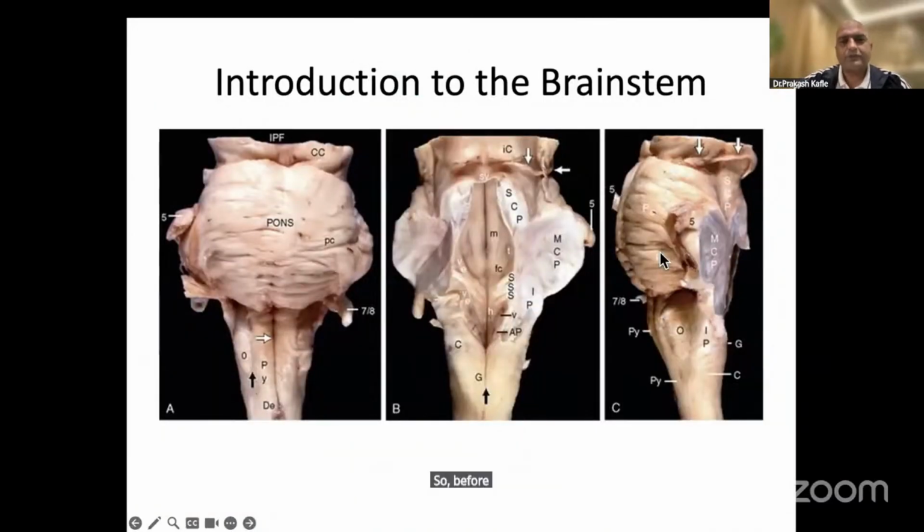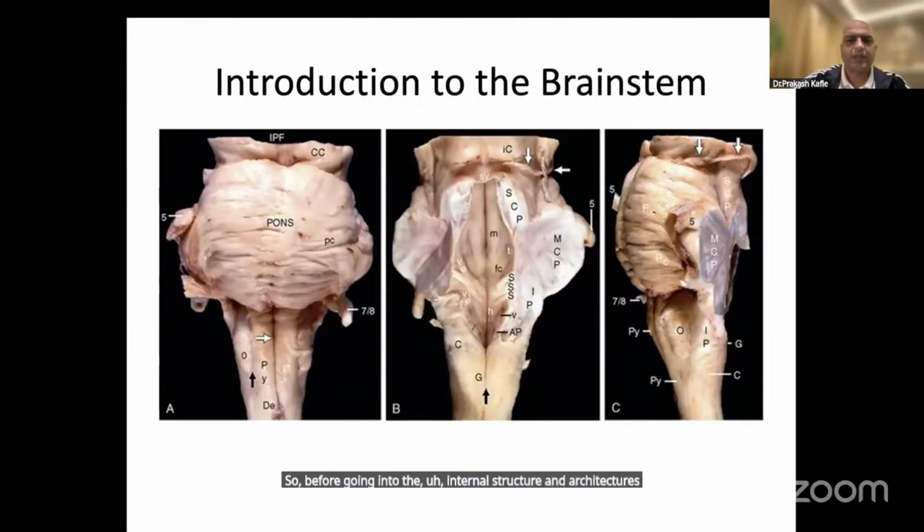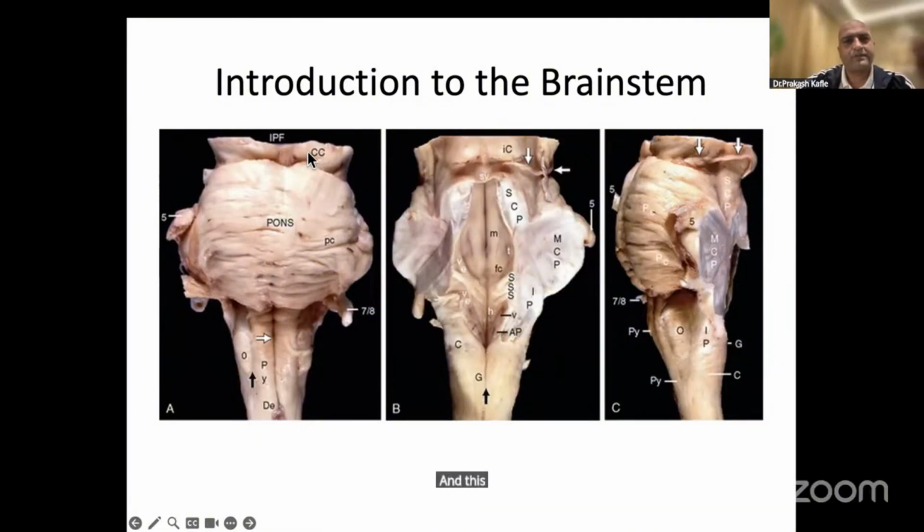Before going into the internal structure and architecture of the brainstem, we should know about the external architecture of the brainstem. This is the anterior part of the brainstem, where this is the midbrain at the superior and inferior colliculus level, this is the pons, and this is the part of the medulla.